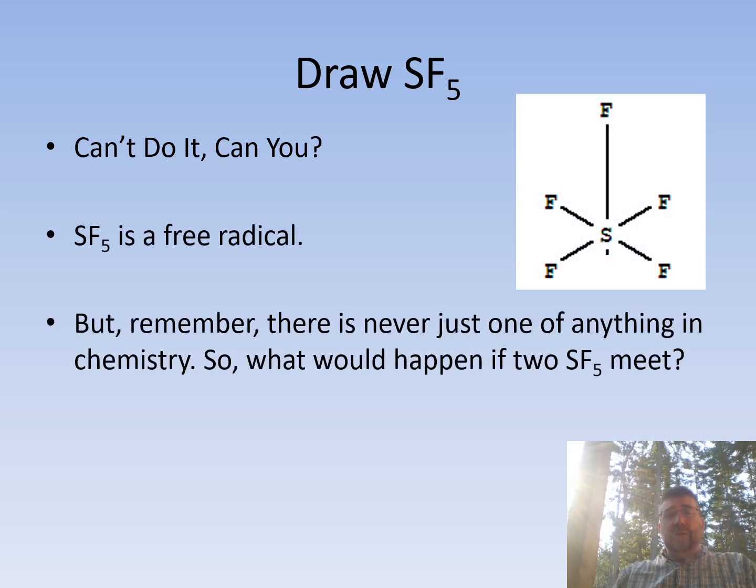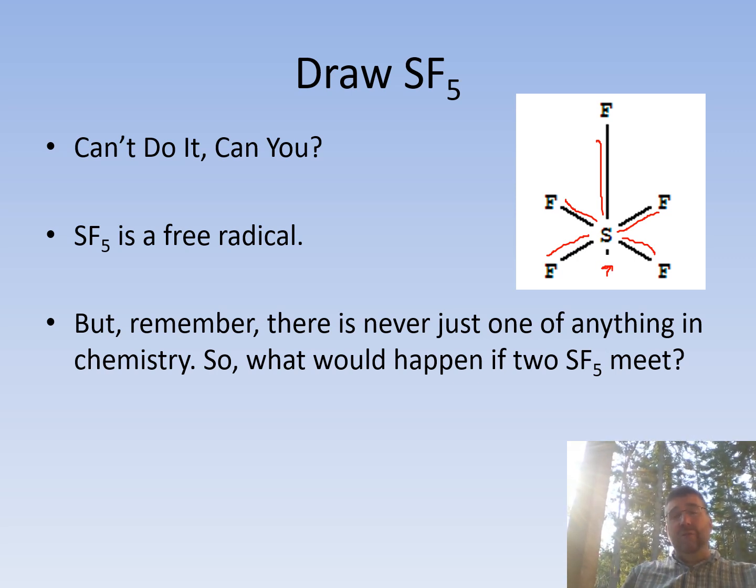Notice that if we were to break up the lone pairs of sulfur, we could have the 2 normal unpaired electrons that would make 2 bonds. We break up a lone pair here to make SF4. When we try to add the 5th, we've got this unpaired electron left over. So you cannot make the SF5 molecule without it being a free radical.